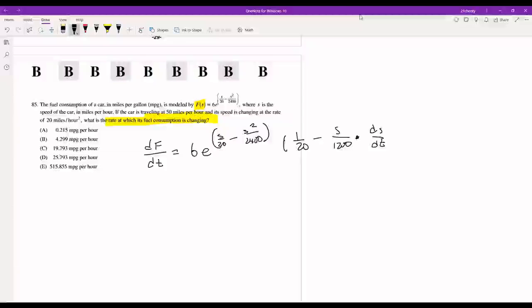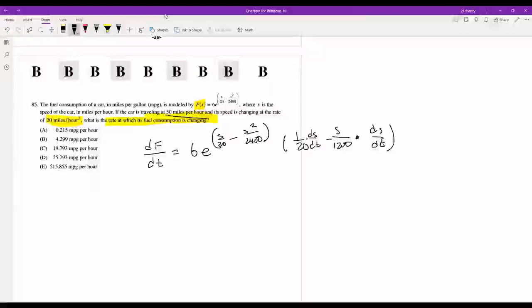And I also forgot the ds over dt on this side. So ds over dt is the rate at which s, the speed of the car, is changing with respect to time, which is the 20 miles per hour squared that it has given us. And the speed it's given is 50 miles per hour.